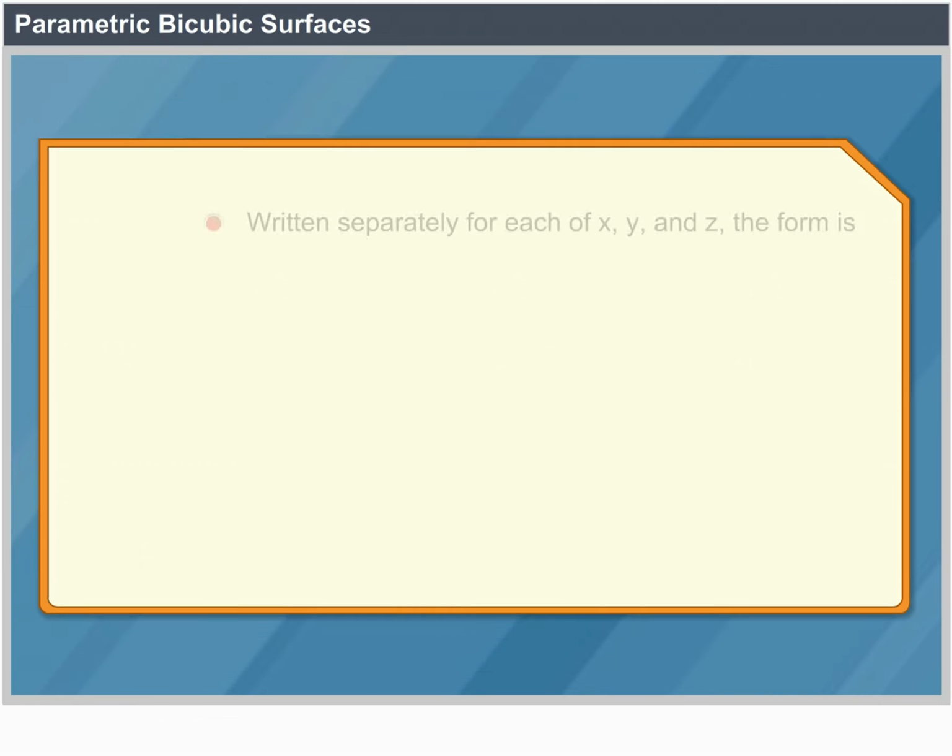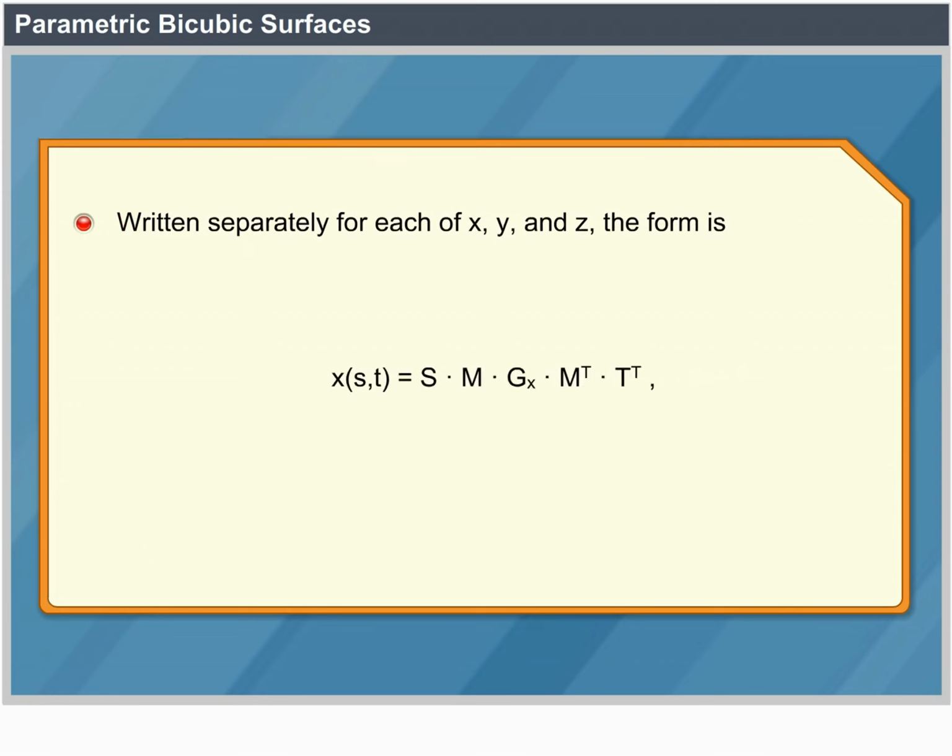Written separately for each of X, Y and Z, the form is x(s, t) = S · M · Gx · M transpose · T transpose, y(s, t) = S · M · Gy · M transpose · T transpose, z(s, t) = S · M · Gz · M transpose · T transpose.